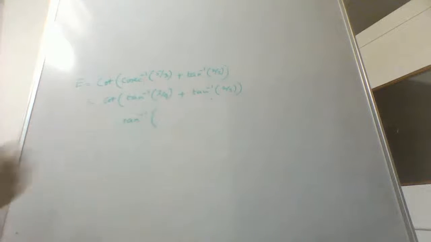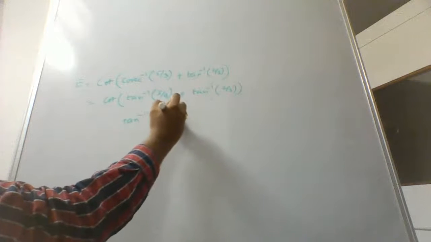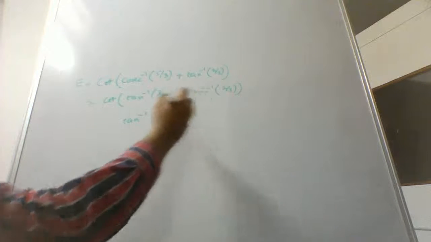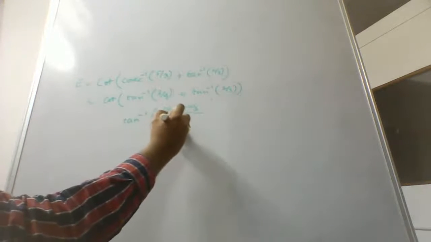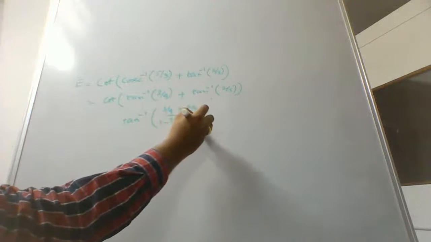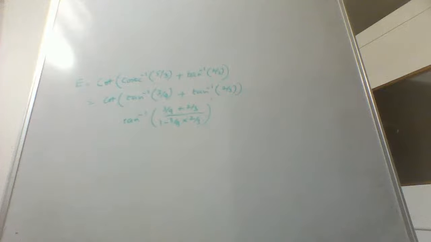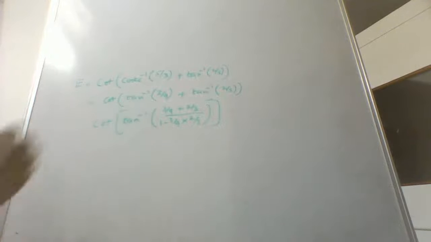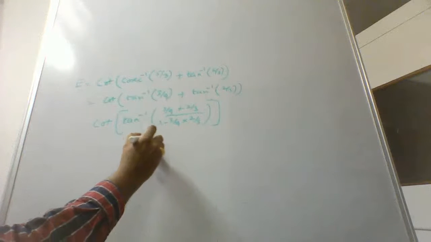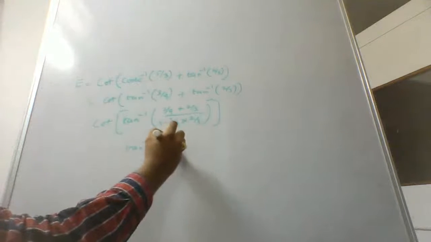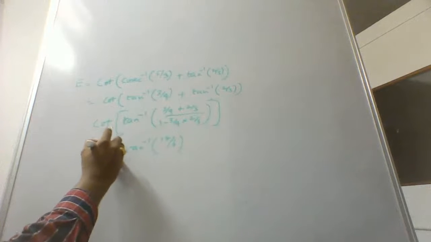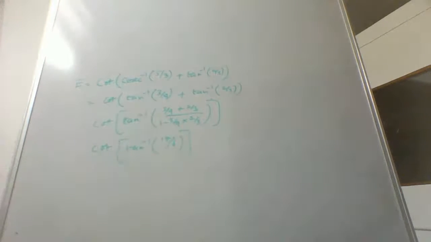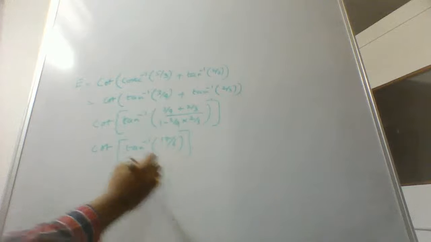So this will be tan inverse of x plus y, that is 3 by 4 plus 2 by 3, over 1 minus 3 by 4 into 2 by 3. This is cot of this. When you simplify this, I get tan inverse of 17 by 6. This is cot, again this can be written as 6 by 17.